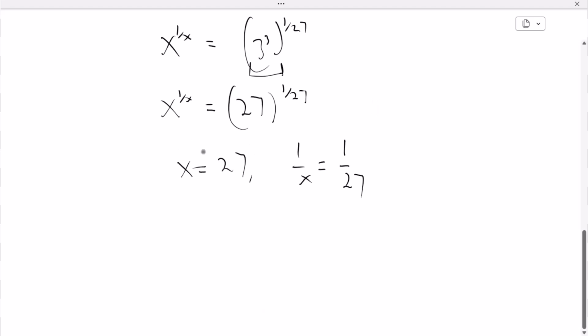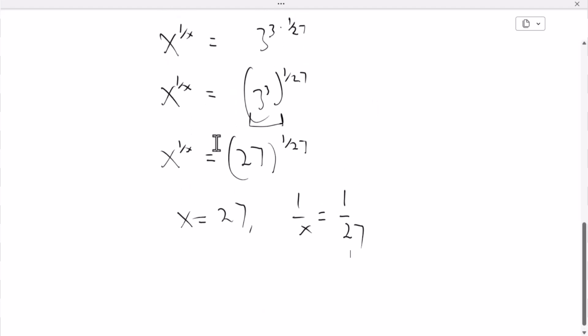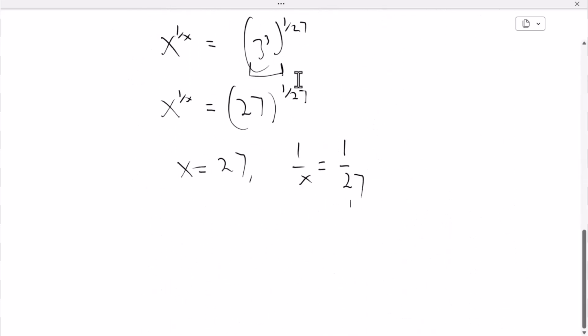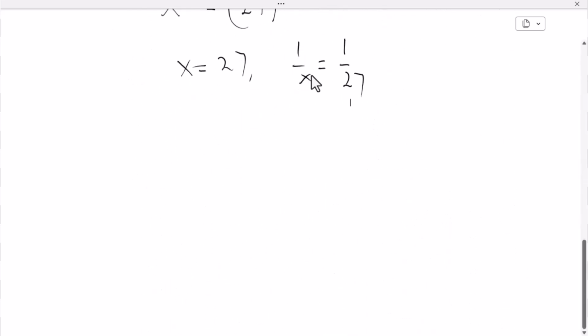let's check if the value 27 for x is correct. Now we have the expression 3 to the power x is equal to x to the power 9.